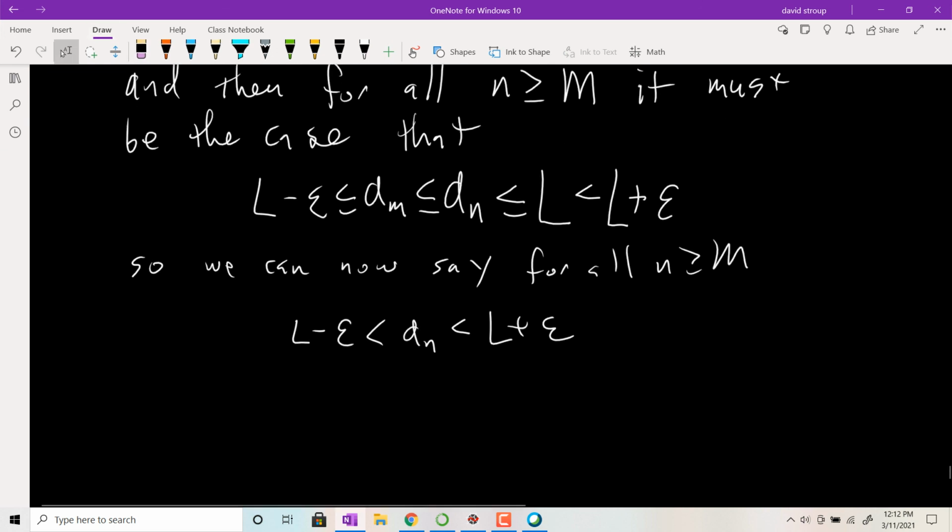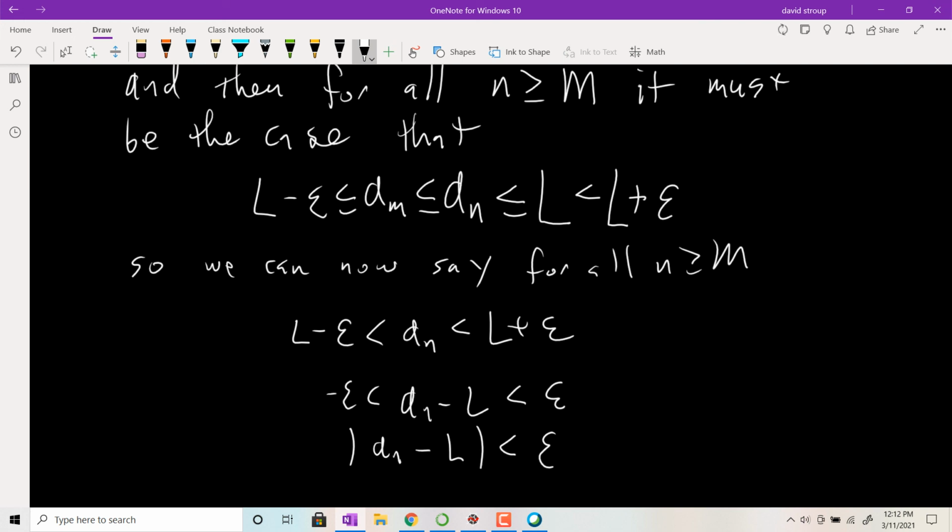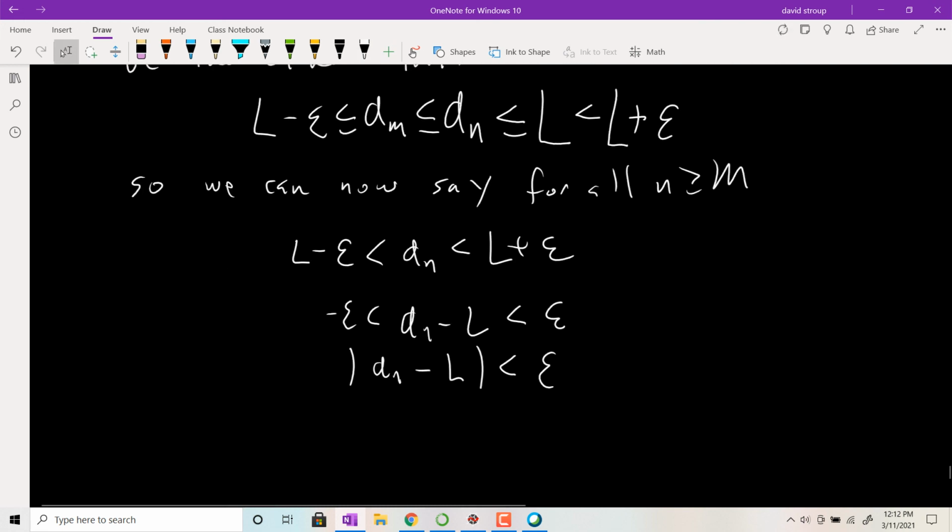Let's go ahead and do that. So I'll have a sub n minus L greater than negative epsilon but less than positive epsilon. That just implies the distance between a sub n and L will be less than epsilon. And that's what we wanted to show.